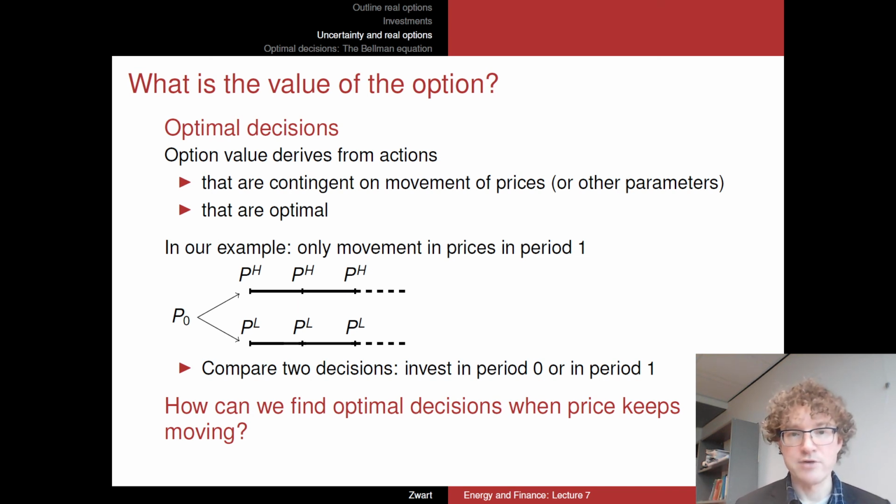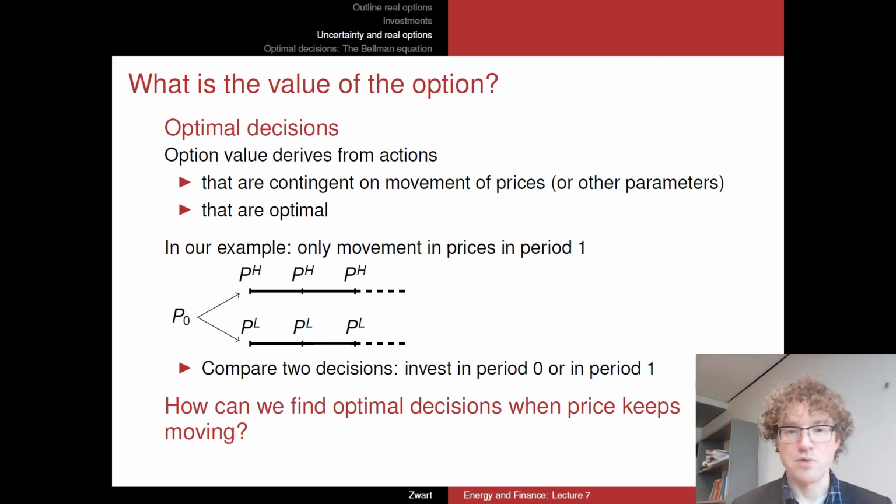So if we wait until the future, we will have learned a bit, and in computing today's value of future decisions we assume that tomorrow we are going to make the decision that is optimal at that point. So we have to figure out what the optimal decisions are. In the simple example that we just looked at, there was just one movement in prices in period 1, and we just had to compare: do we want to make the investment today, or tomorrow?